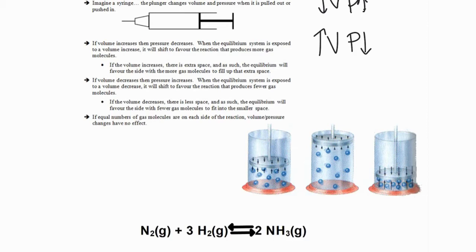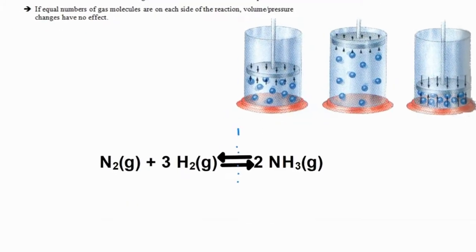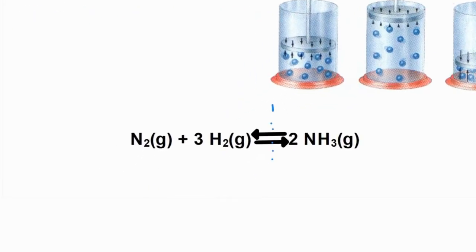The way that looks for these systems of gases is we need to look at the amount of moles of gas. If we look at the Haber process at the bottom here, on the left-hand side, I have 4 moles of gas. On the right-hand side, I have 2 moles. It is important that we only care about the gaseous ones because that's what's going to contribute to the pressure.